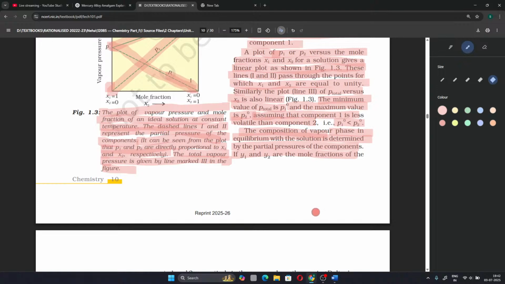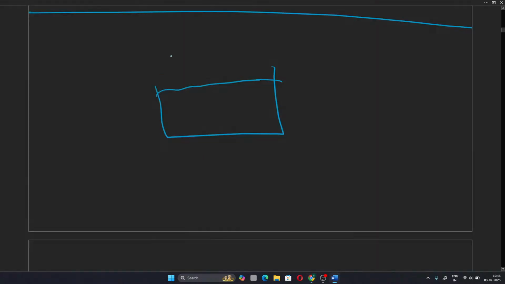Partial pressure is the pressure of that component in the vapor phase itself. Okay, if this is the solution, this is the vapor phase, and in this vapor phase we have A plus B, A and B components.